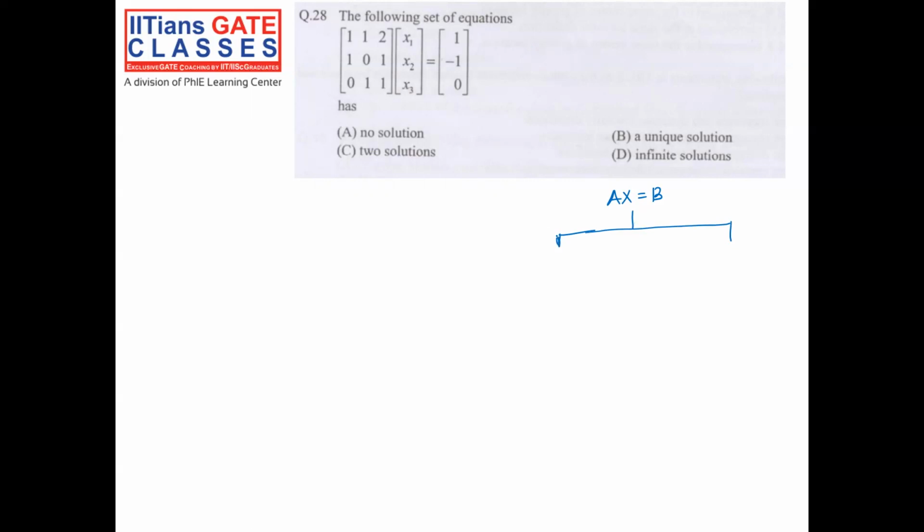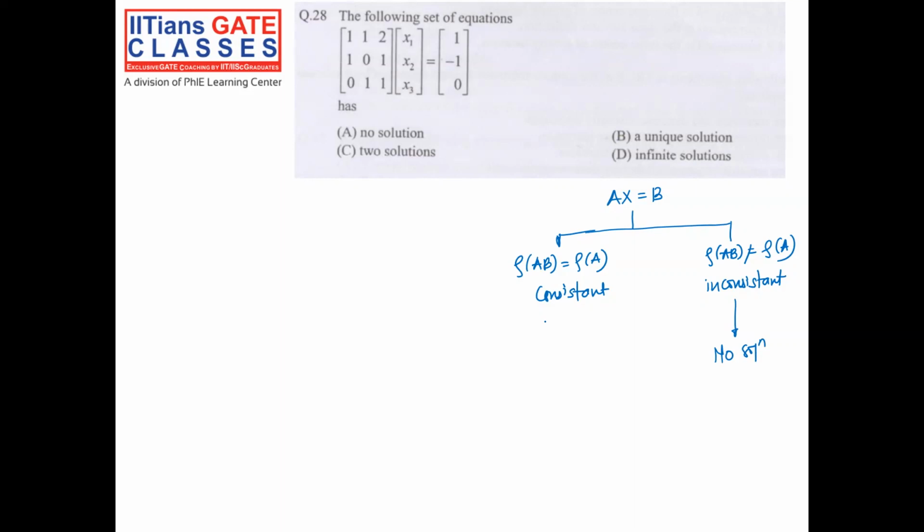First of all, we'll make an augmented matrix AB, and if the rank of augmented matrix AB is equal to rank of A, then we'll say it is consistent. And if rank of AB is not equal to rank of A, then we can say it is inconsistent. When the system of equations is inconsistent, we say no solution. Those equations will not have any solution.